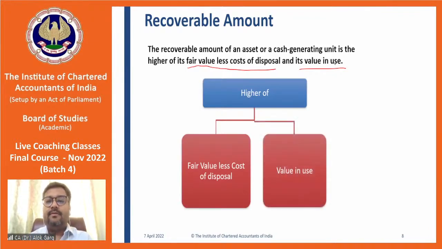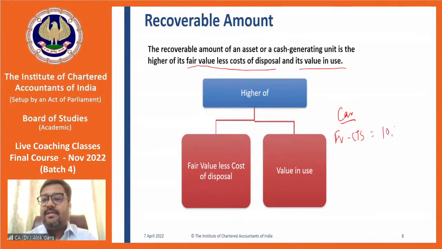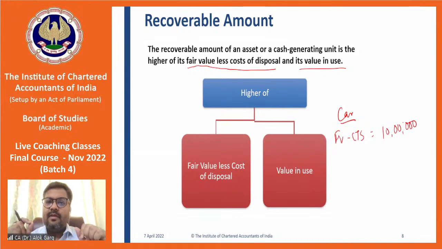For example, I have a car. The fair value less cost to sell of my car is 10 lakh rupees. So we are calculating the recoverable amount from the disposal concept. It means if I want to sell this car, what is the fair value of this car? And of course, if you sell something, there may be some cost to sell as well, right?